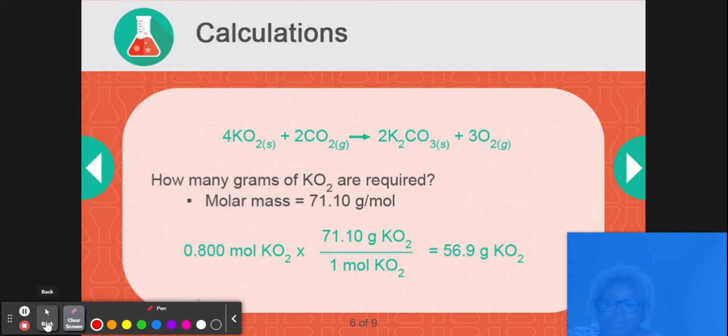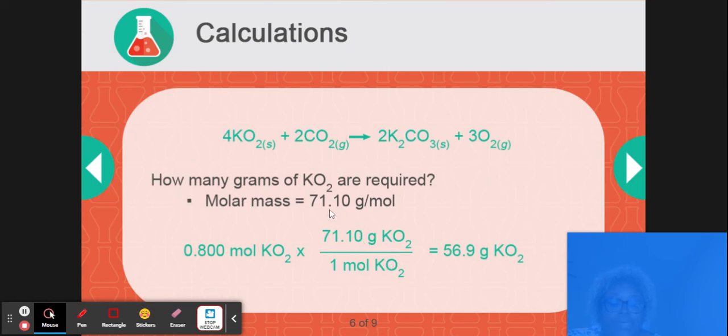So when we are doing the setup for this last step, we start off with the moles that we were given from the first step. Now we want to get rid of the moles and go to grams. To do that, we have our grams at the top from our molar mass and then 1 mole at the bottom.